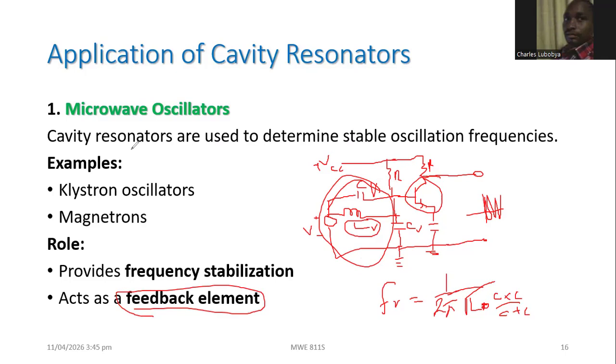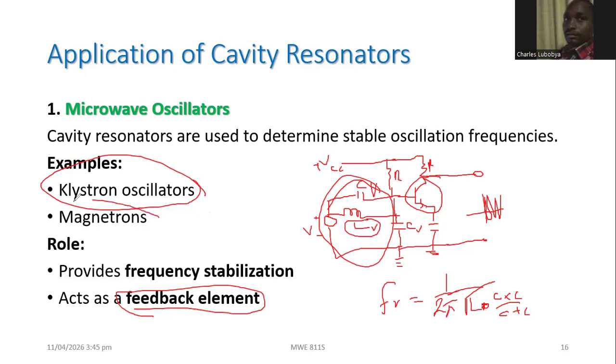A good example of a microwave oscillator is what is known as a crystalline oscillator. I want you to go and look at the structure of a crystalline oscillator. You will find that there's some part where it has got a cathode, and just know that that part is acting as feedback as well as amplification of the signal to avoid the oscillations from dying.